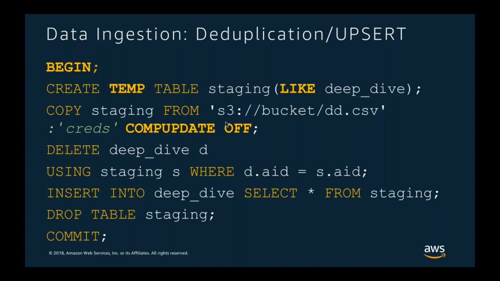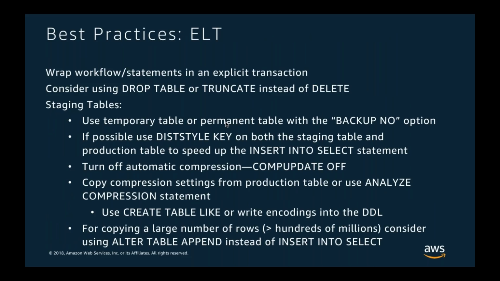What this will definitely require is running those vacuum operations later, because you are deleting records here. At some kind of maintenance interval, you have to run those vacuums to recover those ghost rows, right? So the best practice from an ELT perspective is to leverage a staging table with a command like production table, so that compression encodings are automatically copied.